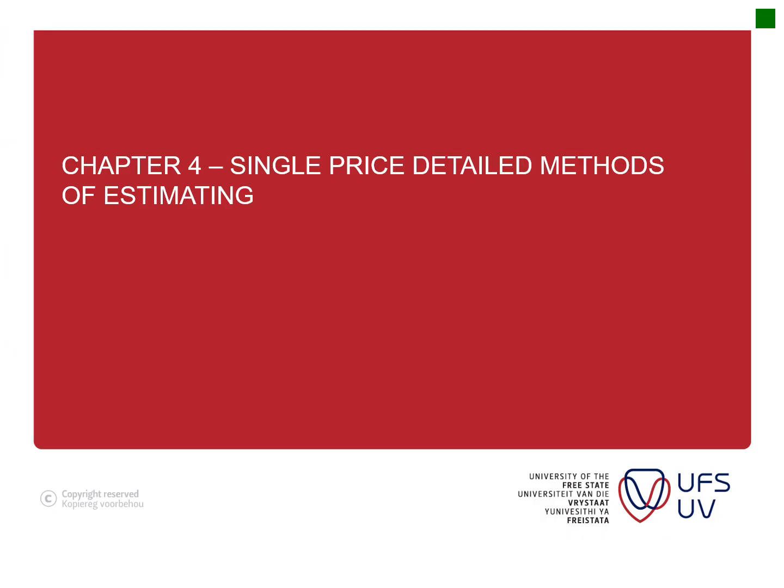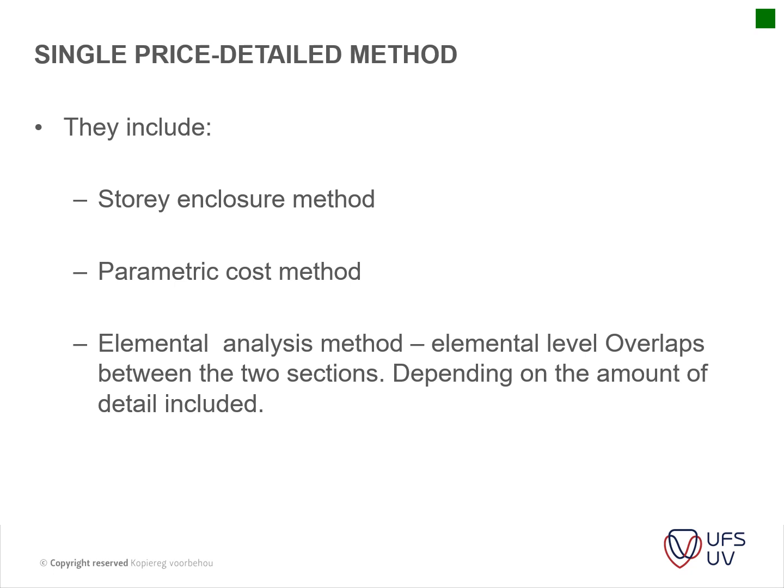As I said, we're going to look at the single price detailed methods, and our first method is the story enclosure method, then the parametric method, and then I'm going to look at the elemental analysis method a little bit.